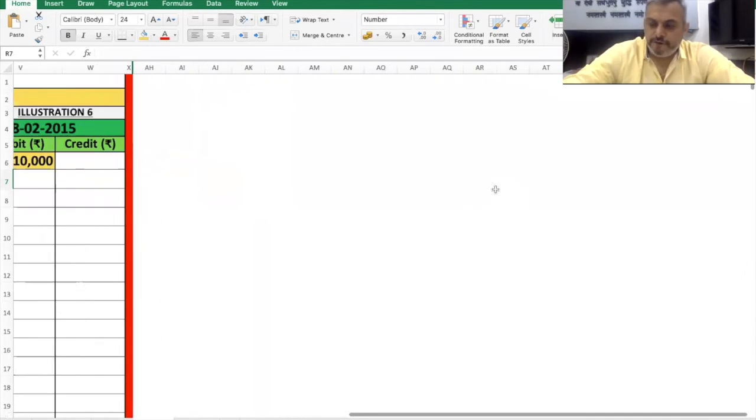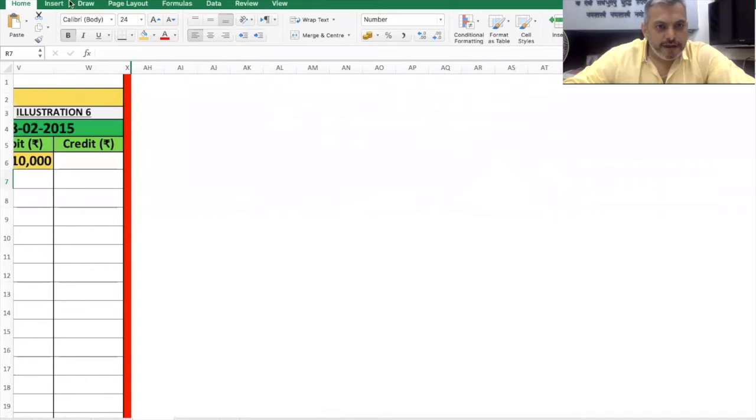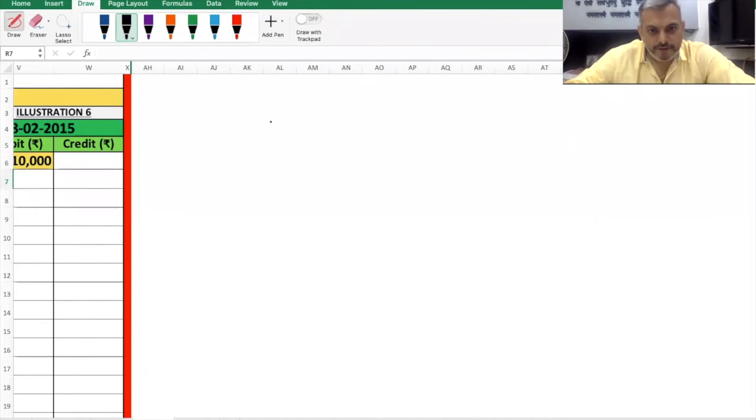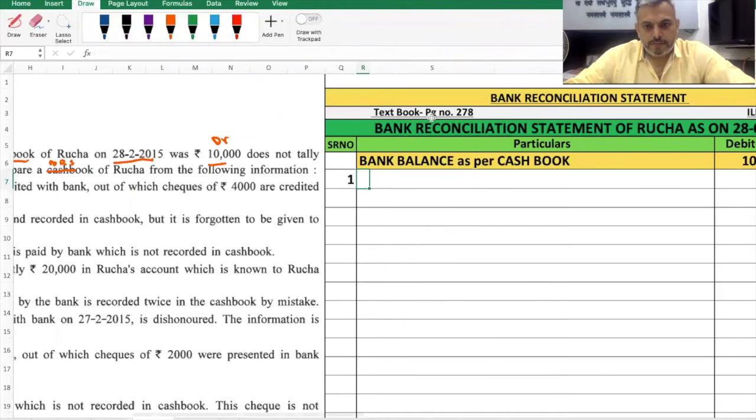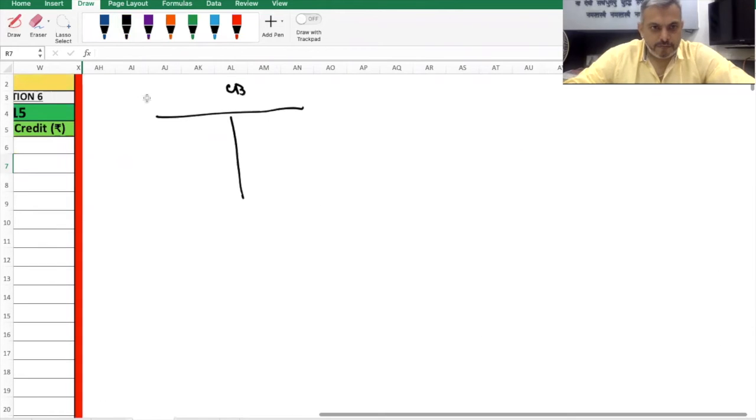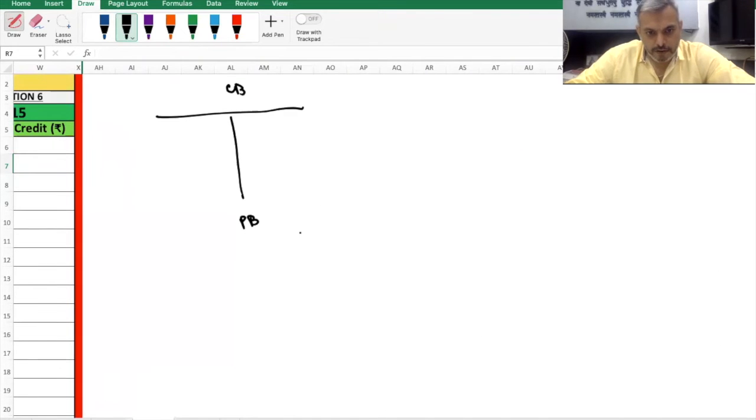If you are still not clear, then please always make a format like this: cash book and passbook. Now you deposited check of rupees 10,000, but only 4,000 were credited.